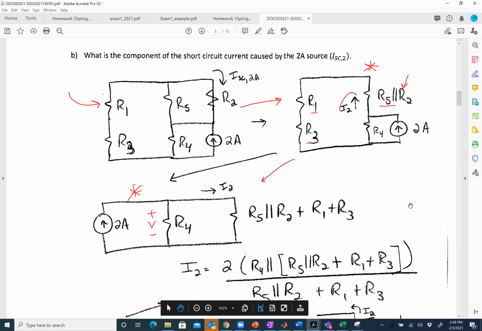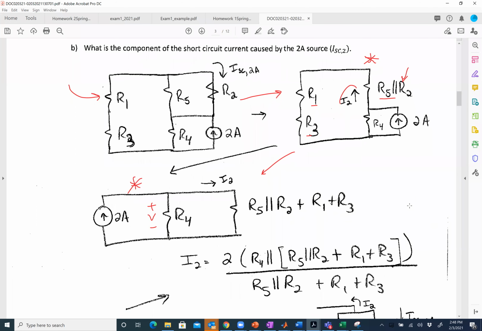You guys, any questions about what I just said there? So why is R5 in parallel with R2 in this case, but not in the first case?